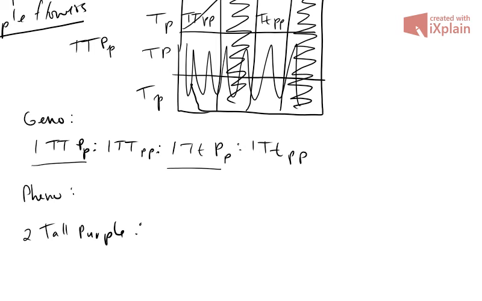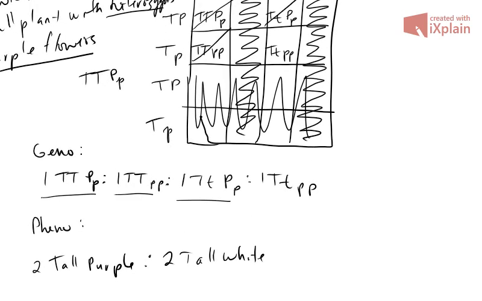And then this guy is going to be tall and white. What's this? This is also tall and white, so that would be two tall and white. So this is our phenotypic ratio. Hopefully that helps you. I'll post this, so watch it, and hopefully it helps you going forward.